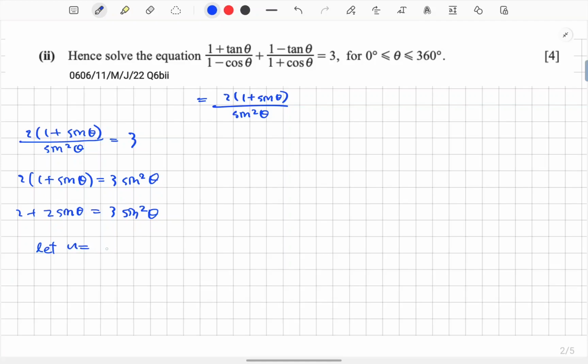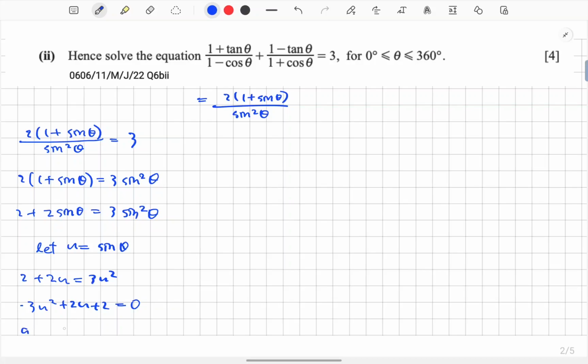u equals sine theta, so we don't have to write the entire sine theta anymore. And we'll move everything to one side and make the other side 0. To solve this equation, we'll have to use the quadratic formula.